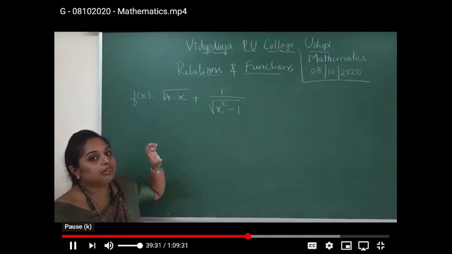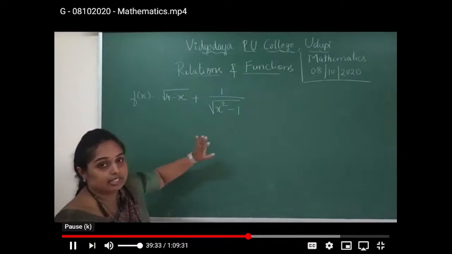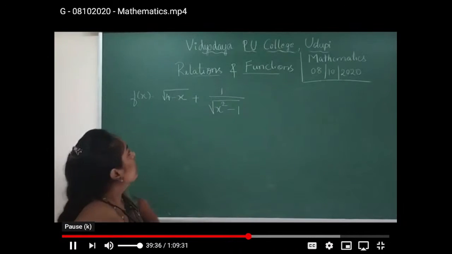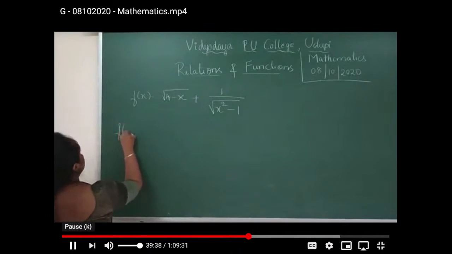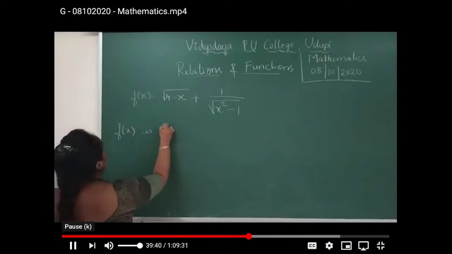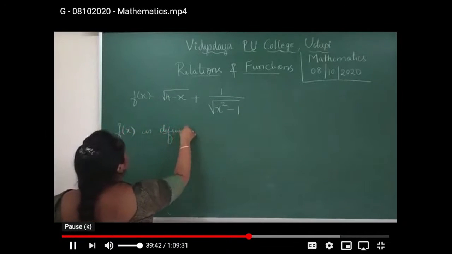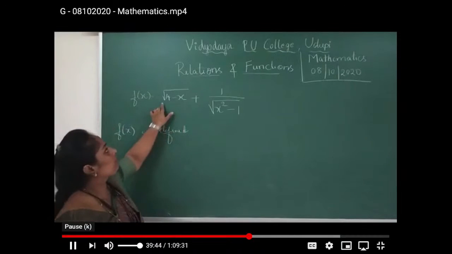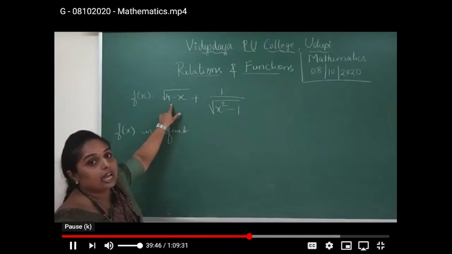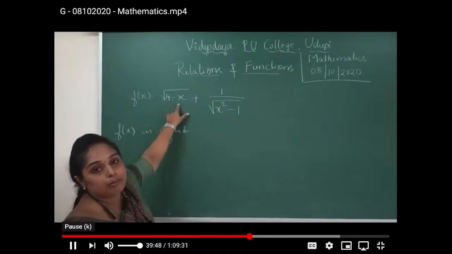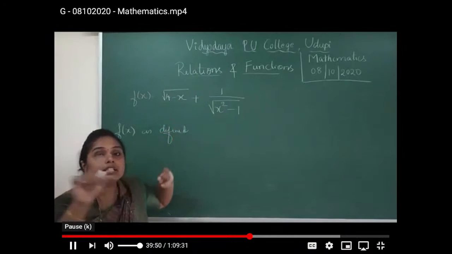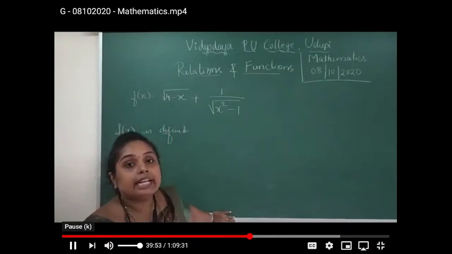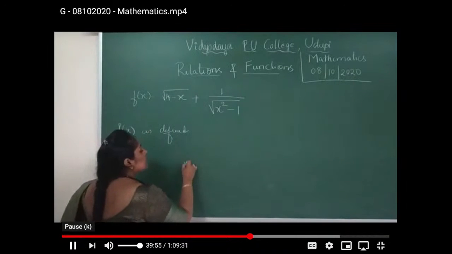Okay. Now let us see. I have to substitute the value of x in such a way that f of x should be a real number. So f of x is defined only when, see here I have root of 4 minus x. So inside the square root I should not get negative value.